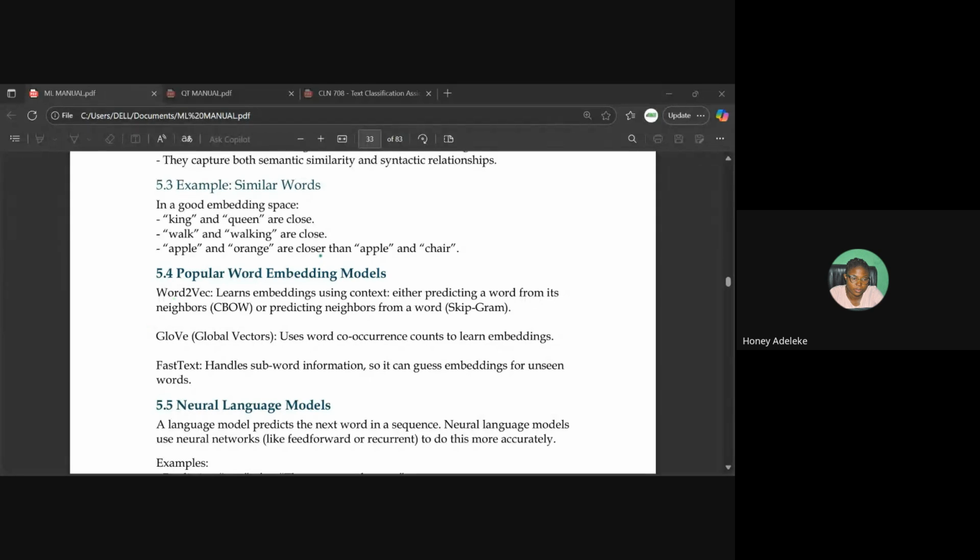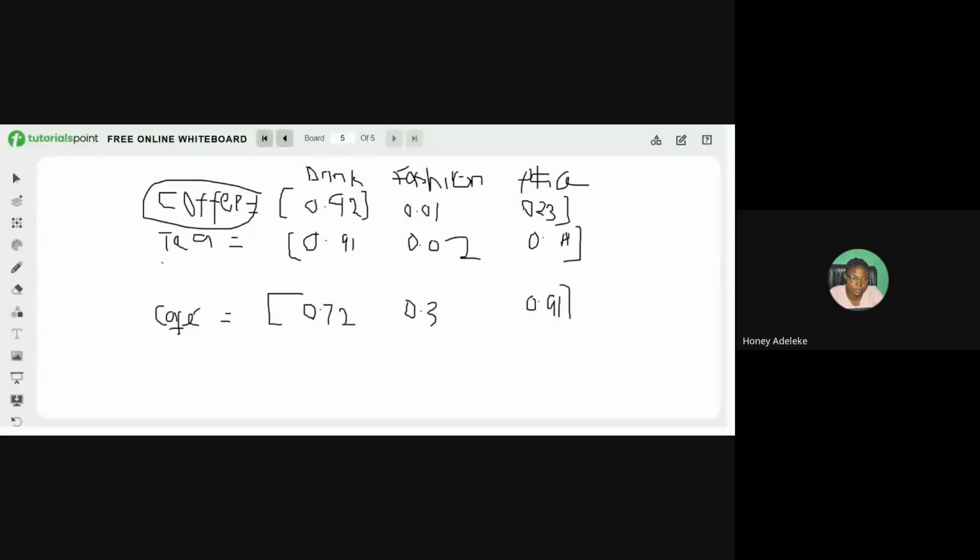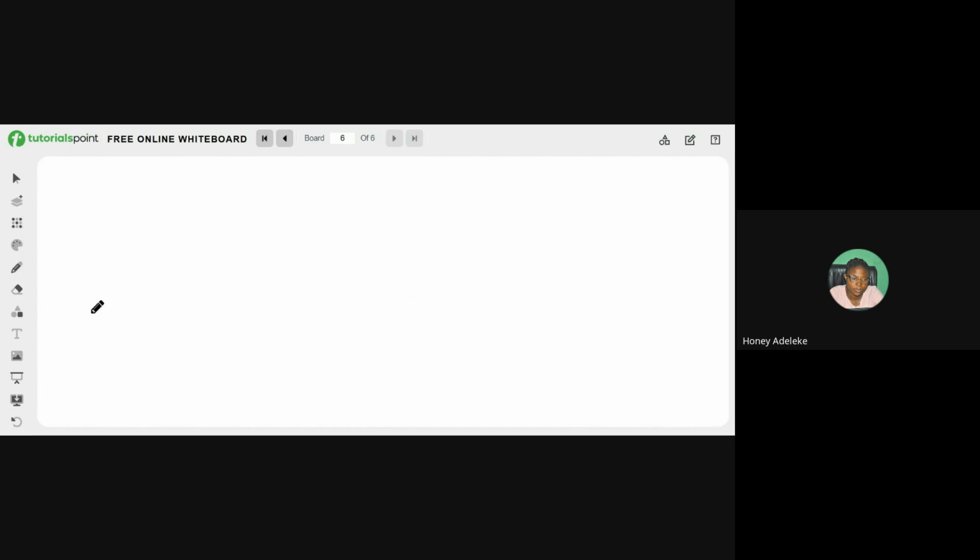Okay, let me just give us this example of co-occurrence. I think I have to write again. Let's assume we have a table of words.